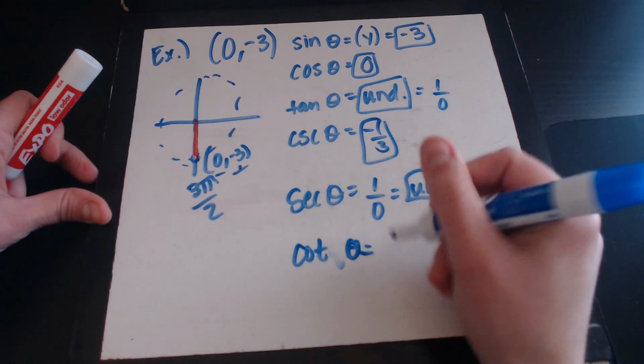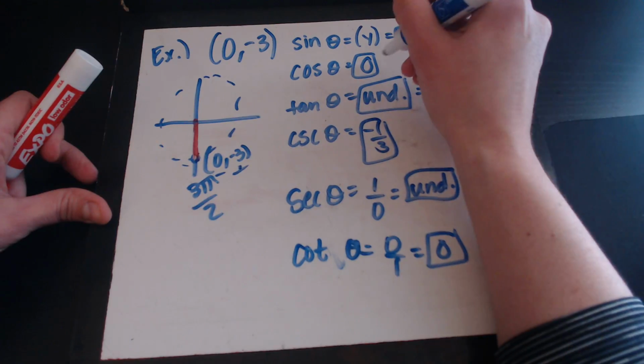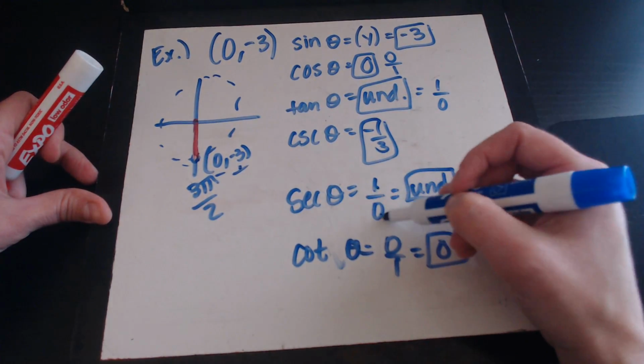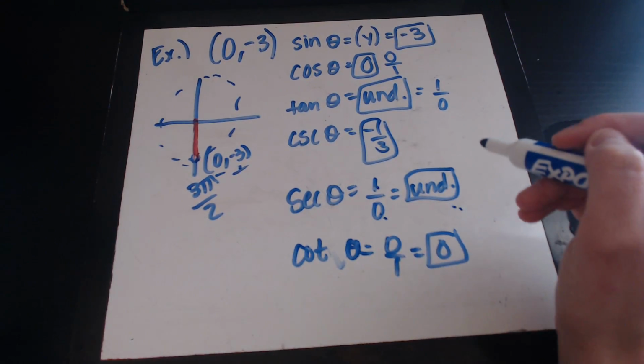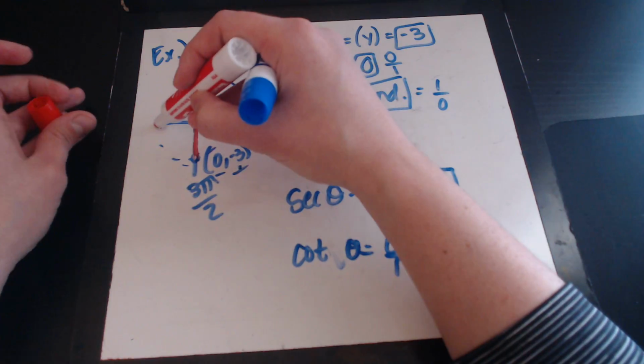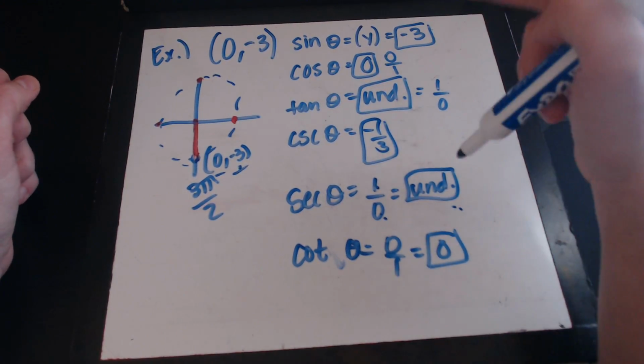Well, if I flip that over, that would be 0/1, which would be 0. Okay, same thing here. 0 can be thought about as 0/1. So when I flip that over, I get 1/0, and that's how I get undefined here. Okay, so if my point lands on one of the axes, you really need to think about it in terms of the x and the y values, and then you can do the reciprocals.